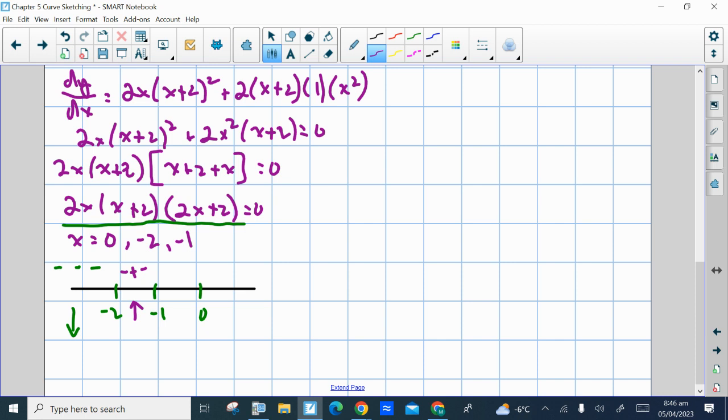Between -1 and 0, something like -1/2, again, the first factor will be negative, the second factor will be positive, and the third factor will also be positive. But 1 negative times 2 positives gives us a negative, so the function is decreasing in that interval. And in the last interval, a number greater than 0, a number like +1, all 3 factors will be positive, so the function is increasing there.